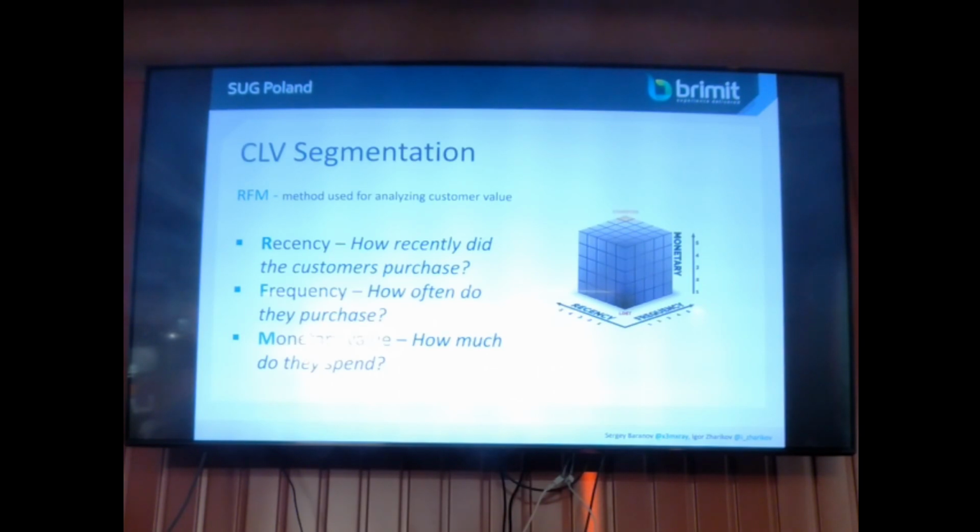Here RFM analysis can help you. Each of the parameters, R, F, and M, is a number, a score rank, usually from 1 to 3 or from 1 to 5. You can choose the size on your own. But what does this score mean and how do we calculate it?